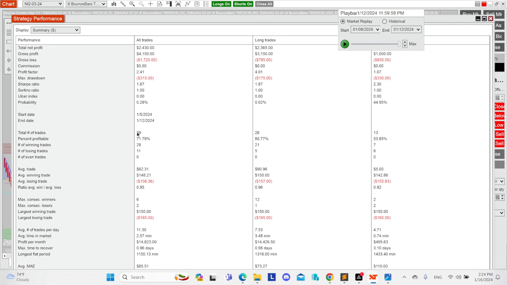So it took 39 trades, 71%, which is a lot, and net profit was 24.30. I forgot to include commissions in this run. But you can look here, 150 your average winning trade, 157 your average losing trade, because of that stop loss offset.